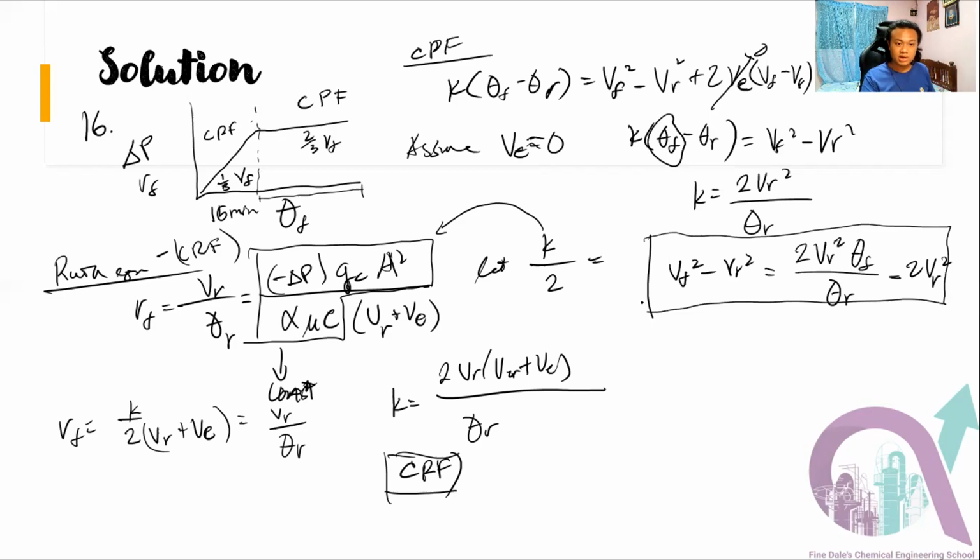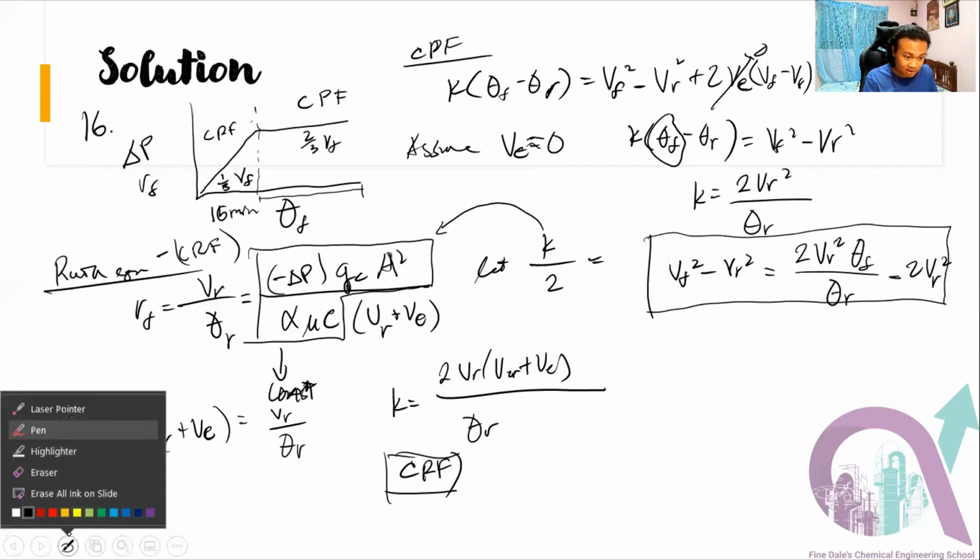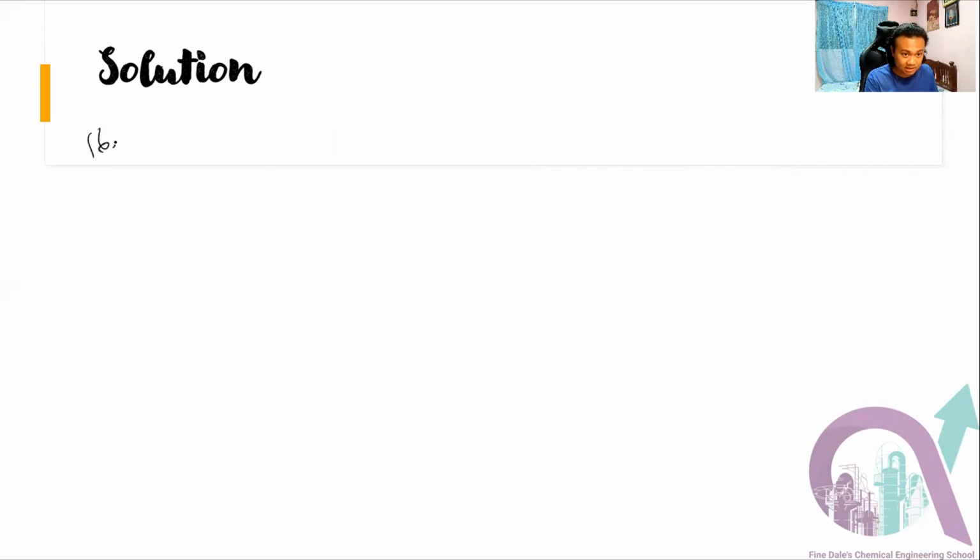Okay, so number 16, so let's delete all the ink on the slide. So number 16, we are given the VR, it is 1/3. The VR collected is 1/3 of the total filtrate collected during the concentrate filtration. So we'll have to substitute that to the equation that we have derived earlier.